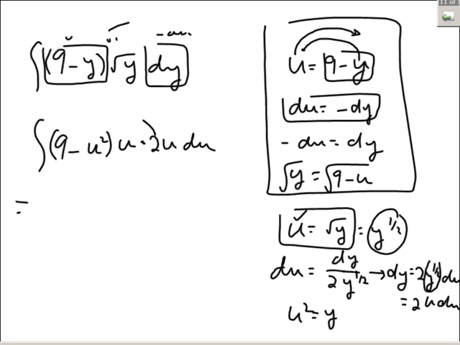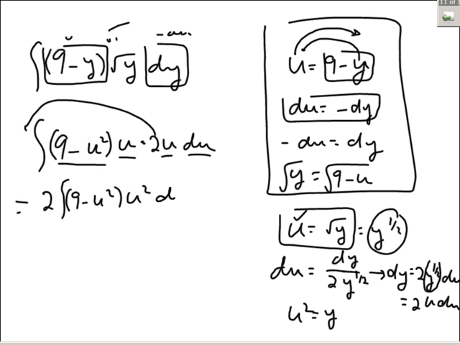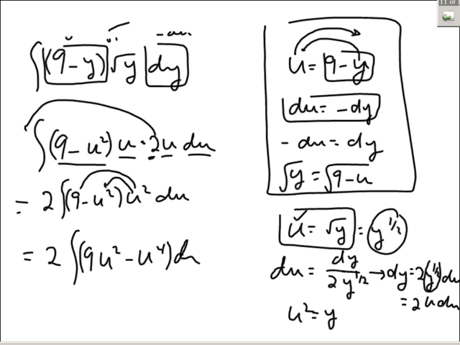Like I said, I like to bring factors that are just constants in front. So now we have 9 minus u squared times u, times du, and the 2 I brought in front. The thing we benefited by letting u equal the square root of y is there are no square root signs here. That is, I can now distribute. If you distribute, you just get a nice polynomial in u.